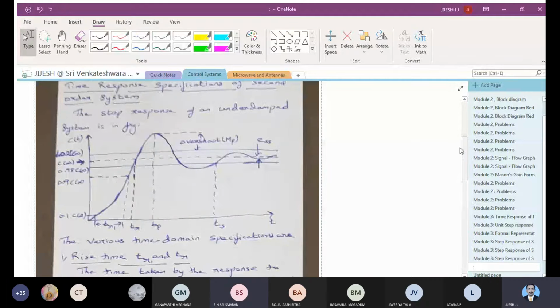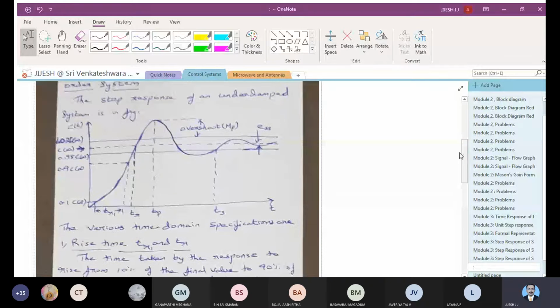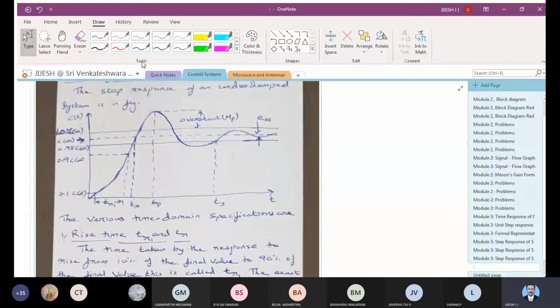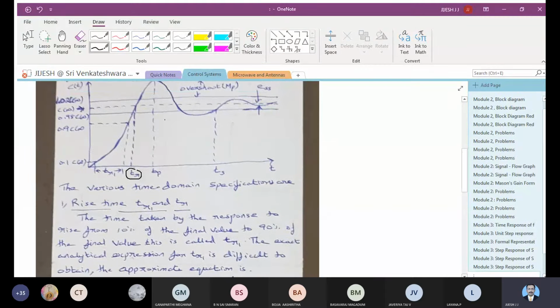Now we are going to study the rise time. It is denoted as TR. This is the notation for the rise time TR. We are going to see first the rise time, and then the rest of the things. As you can see, the TR is mentioned here, and this is TR1.